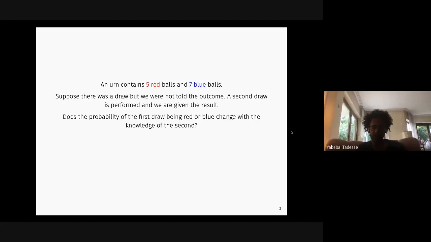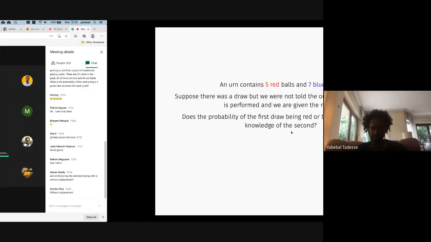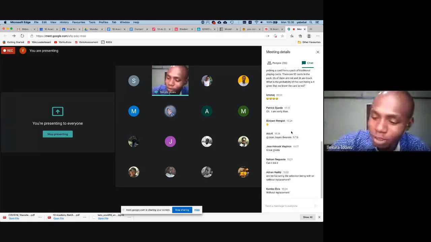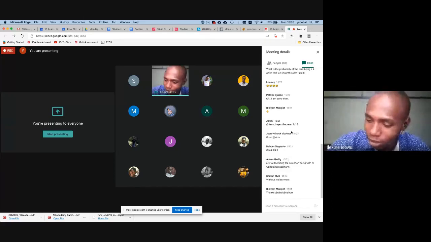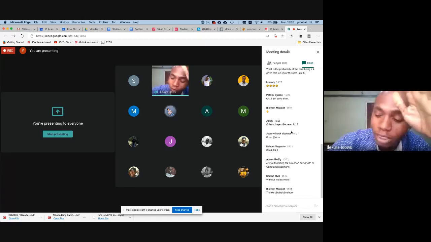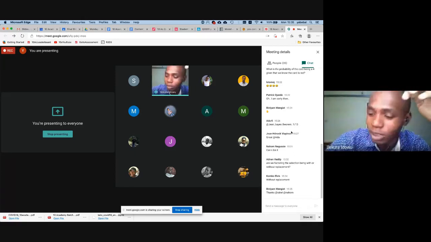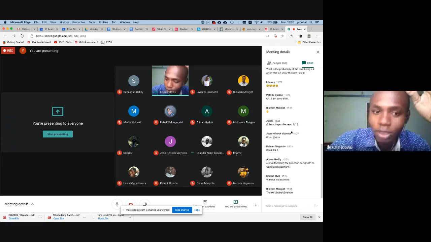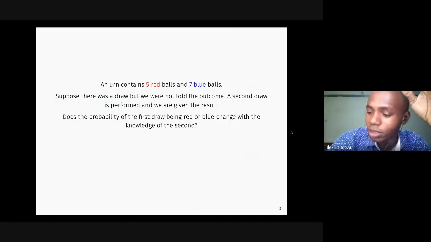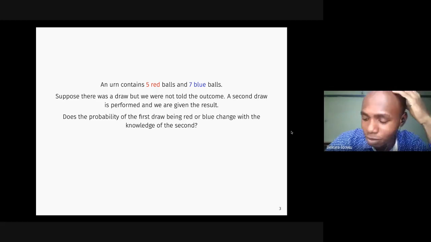Can I talk? Okay. Basically, if we are sure of the outcome of the second one, the previous one will not be what we are left with. Before we did our first picking, we had about 5 red and 3 blues. So if the second one turns out to be a blue ball, that means our initial first pick was from 8, 5 red and 3 blues.